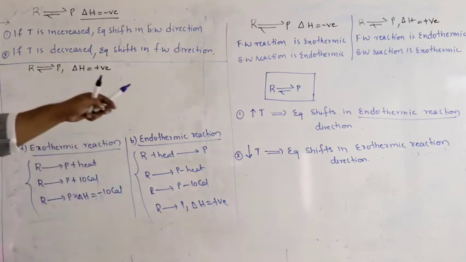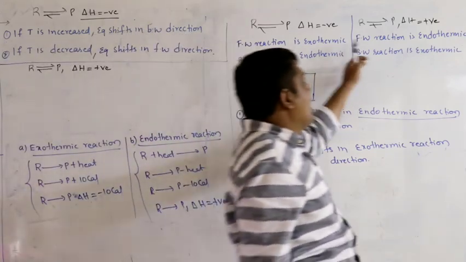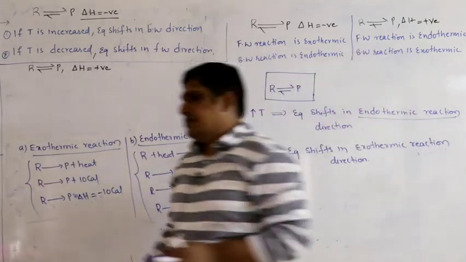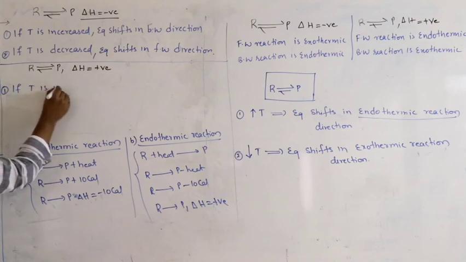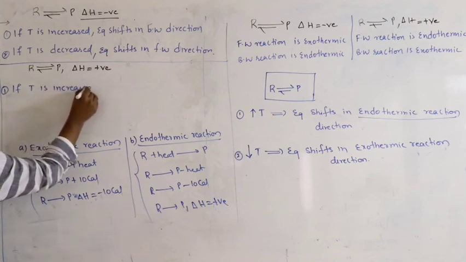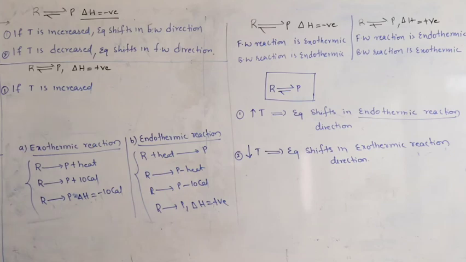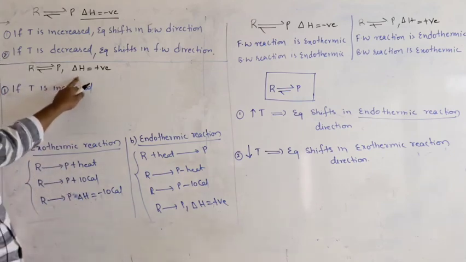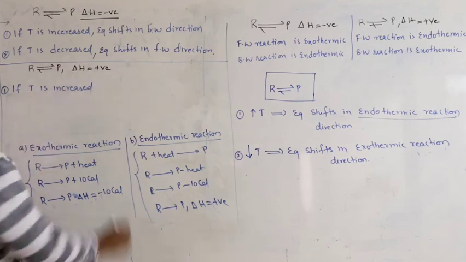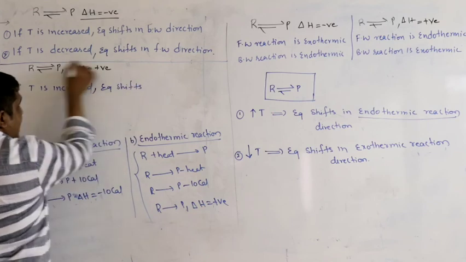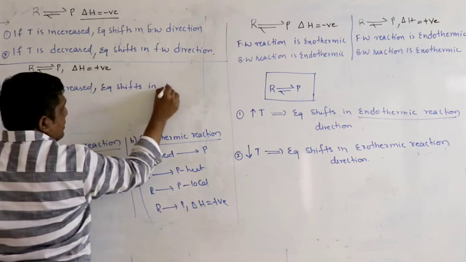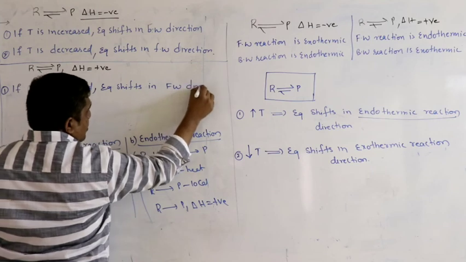For this system, if temperature is increased, increase in temperature favors which reaction? Endothermic reaction. Which is endothermic? Delta H positive, therefore forward is endothermic. So equilibrium shifts in the forward direction because it is endothermic.